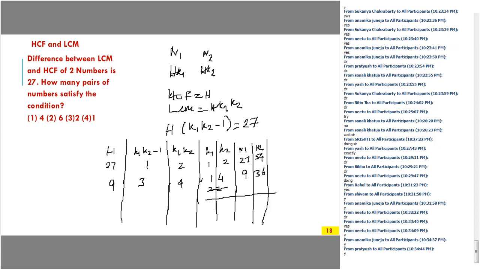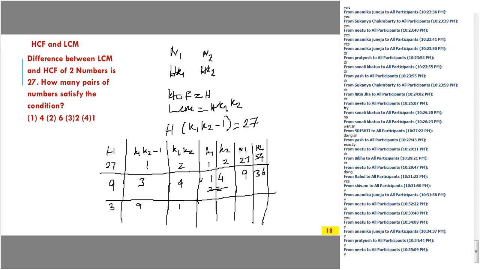Why is 9 and 36 not possible, Sukanya? What's the LCM of 9 and 36? Right. Now, 3 into 9 possible or not? K1 K2 is 10: 1 and 10, 2 and 5. Both are co-primes or not? So the numbers can be 3 and 30, 6 and 15. Both are possible or not?